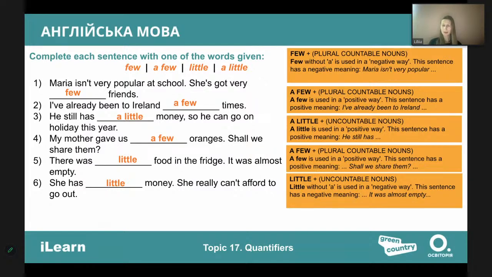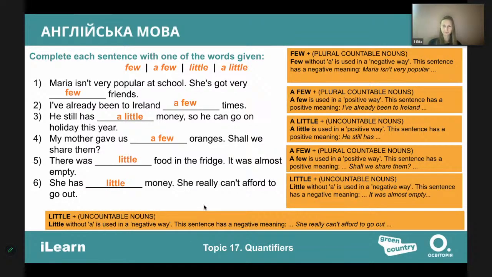Well, theoretically, yeah, you can count money, but you cannot say 1 money, 2 money, 3 money, right? It would sound like some nonsense. You can count hryvnias, dollars, euros, and so on. Banknotes, coins, whatever, but never money itself. So that's why we use only little or a little with money. Just remember that. Okay, let's keep moving.